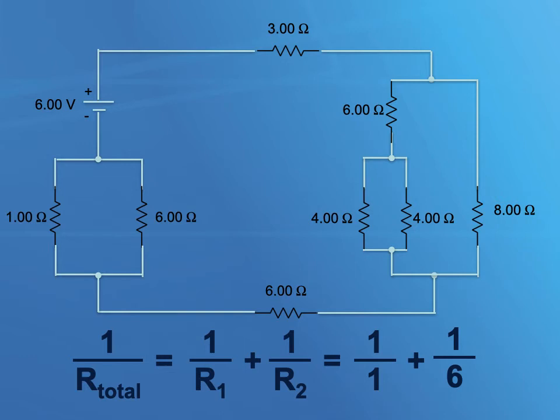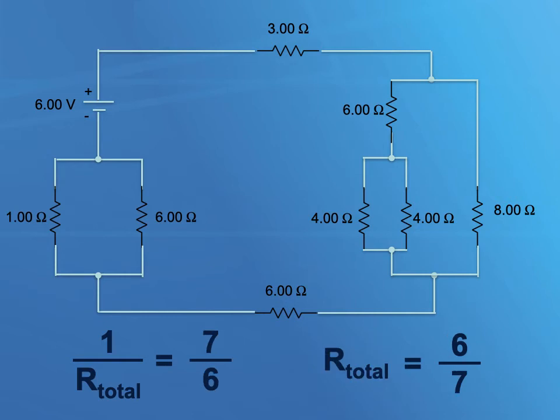Okay? Now I'm going to do the parallel circuit on the left. For a parallel circuit, 1 over R total equals 1 over R1 plus 1 over R2. So 1 over 1 plus 1 over 6. If you stop and do your math, 1 over 1 would be 6/6 plus 1/6, and so that's 7/6. That's 1 over R. That means R is 6 over 7. Okay, so we have a 1 ohm resistor and a 6 ohm resistor.